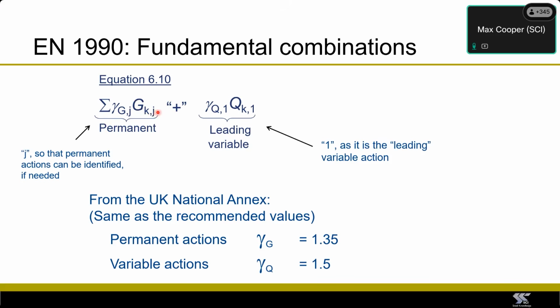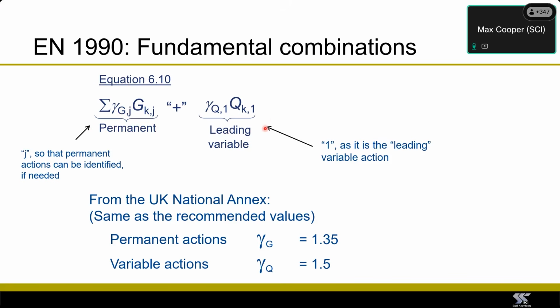For example, if you're looking at the self weight of the structure itself and potentially the superimposed dead loads, you could represent them by the subscript J. And these are multiplied by the partial load factor gamma G, and gamma G is taken from the UK National Annex, and it's taken as the value of 1.35. So that's the summation of all of the permanent loads.